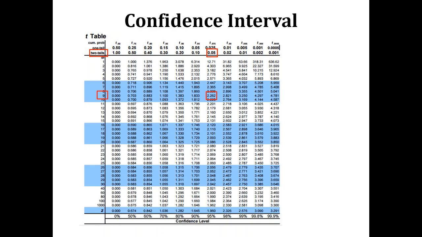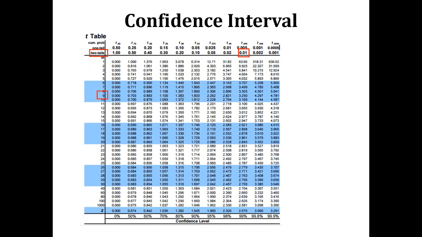This is the score of t that we are going to take from the t-distribution table. And what do we need to get this score? We need to know our desired level of confidence and our degree of freedom. Now we are going to select the next value for the 99% confidence interval, again for the two-tailed p-value, and the 99% confidence interval is at the probability of 0.01.